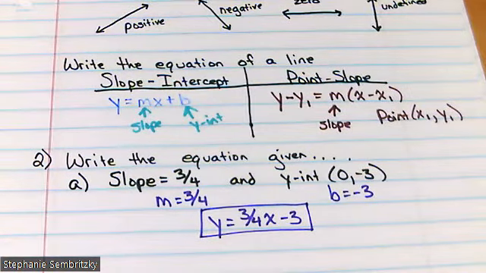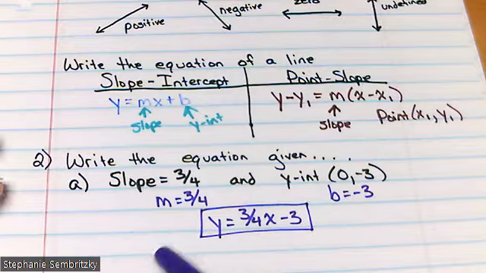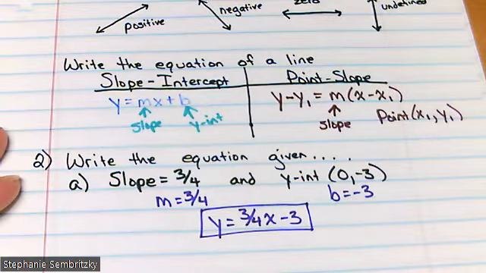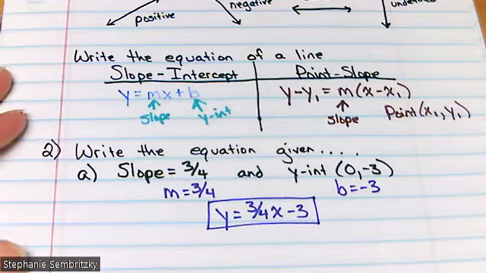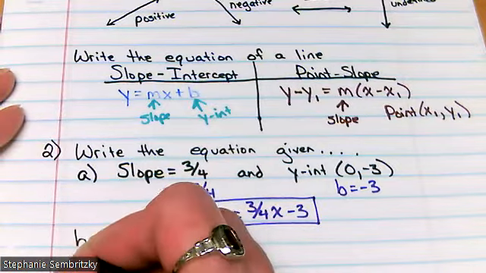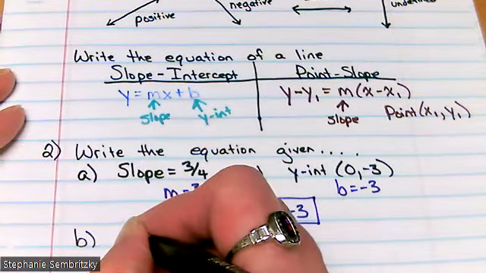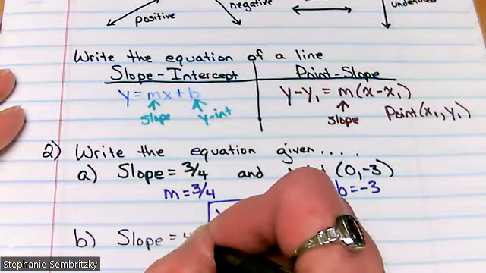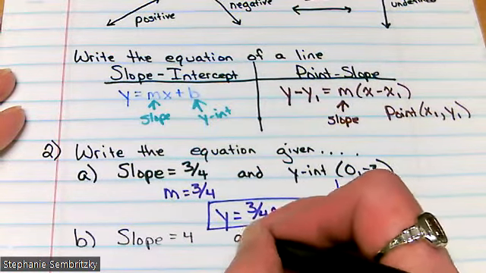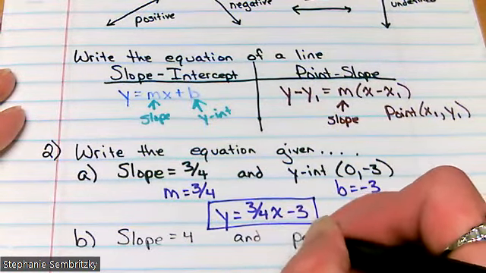But what if we're not given the slope and the y-intercept? So example 3, well, this would be part B. What if I'm given the slope of 4 and not the y-intercept, but a point?